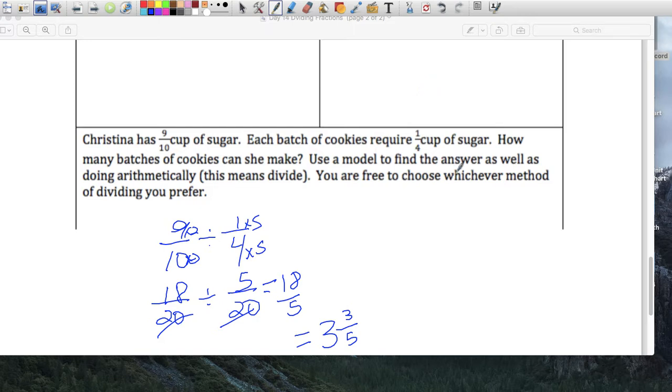They also want you to do a model. You don't want to do a model of this; you want to do a model of this once you find out the denominators.